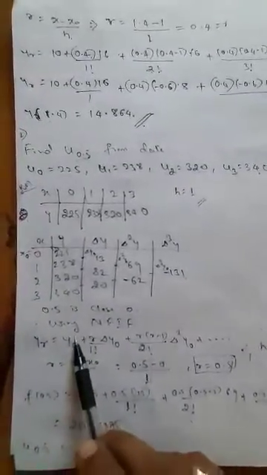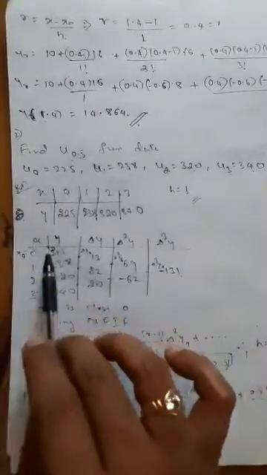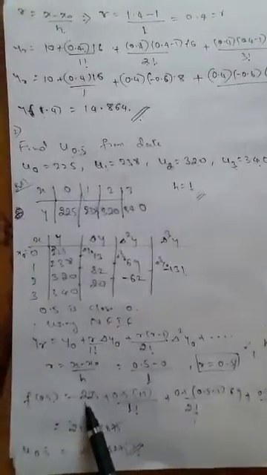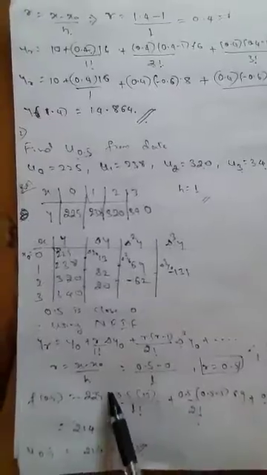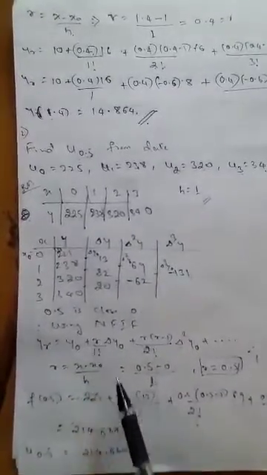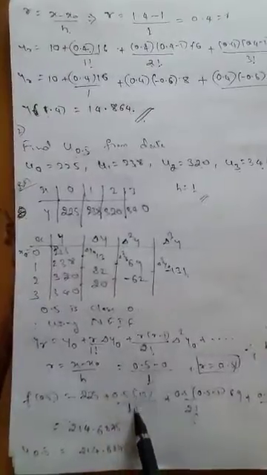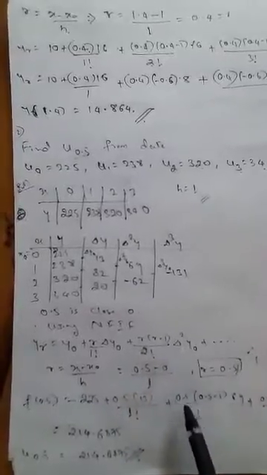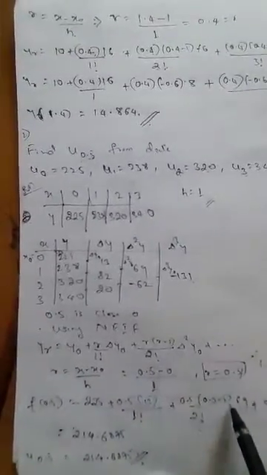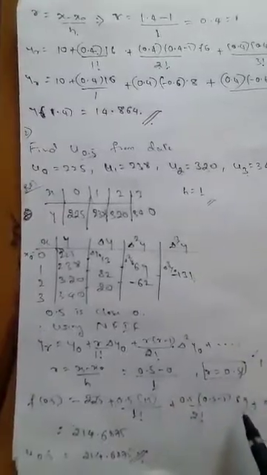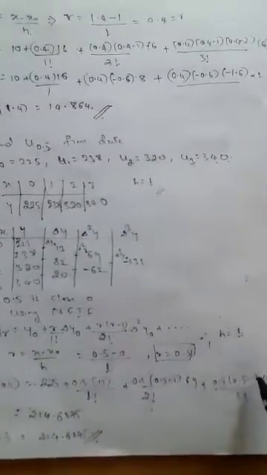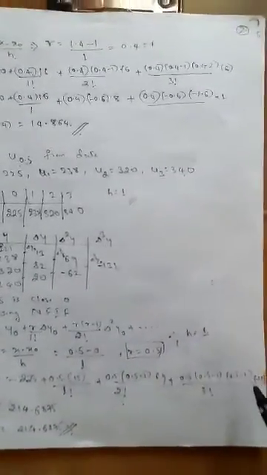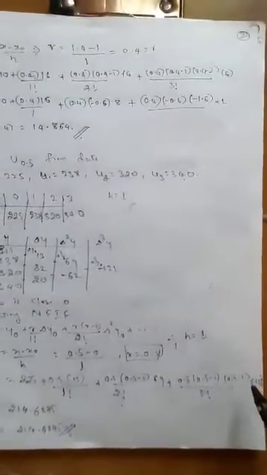So y naught means the initial values. First entry of each column we are applying. y naught value is 225, plus r value is 0.5, delta y naught is 13 by 1 factorial, plus 0.5 into (0.5 minus 1) by 2 factorial into delta square y naught, which is 69, plus 0.5 into (0.5 minus 1) into (0.5 minus 2) by 3 factorial into delta cube y naught, that is minus 131.